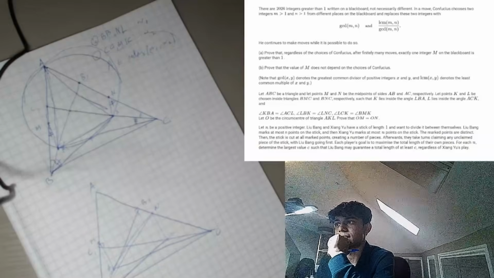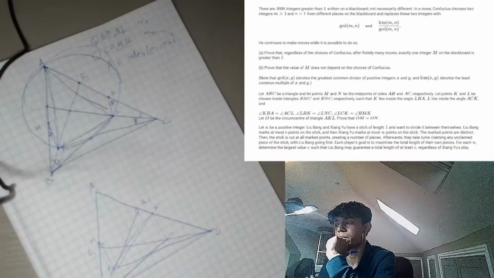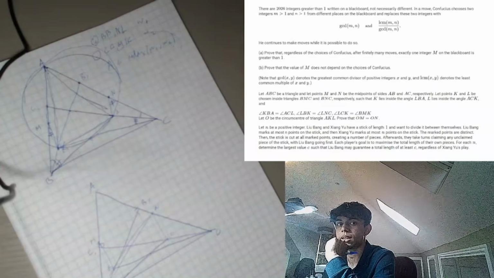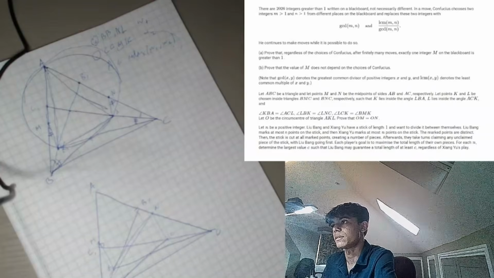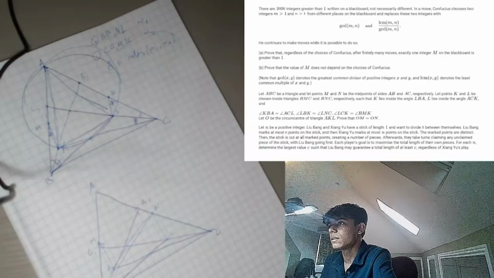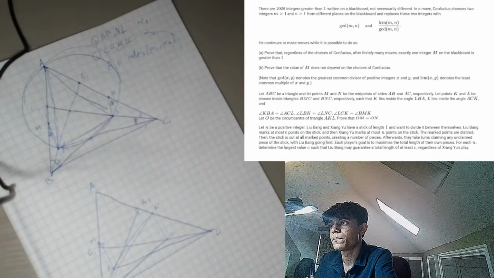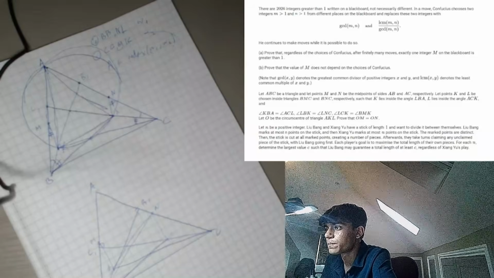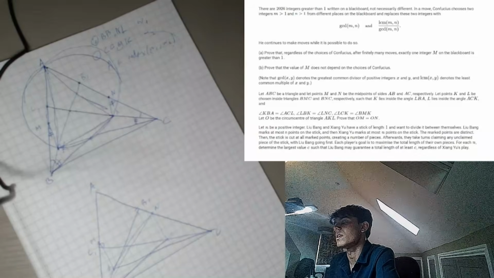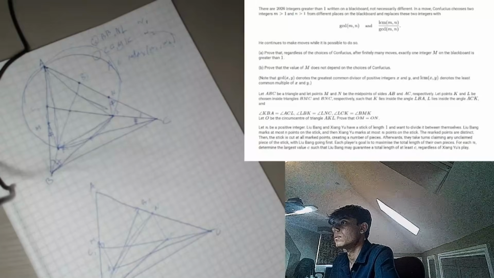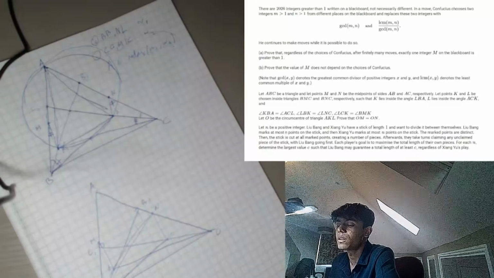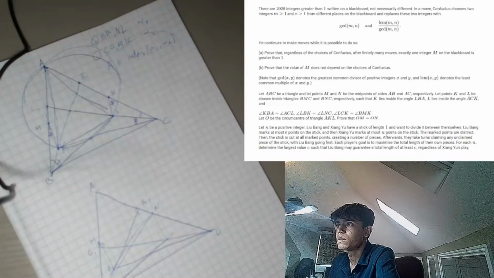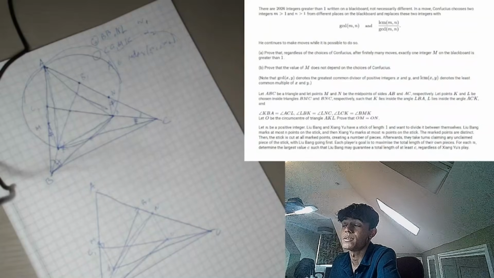Then they take turns claiming any unclaimed piece of the stick. Each player's goal is to maximize the length of their own pieces. For each n, determine the largest value C so that the first player can guarantee a length of at least C regardless of how the second player plays.